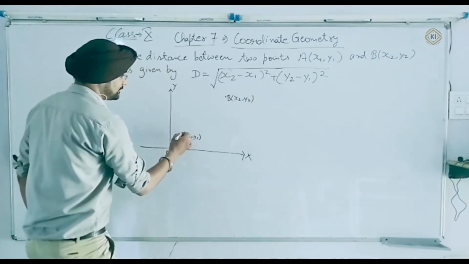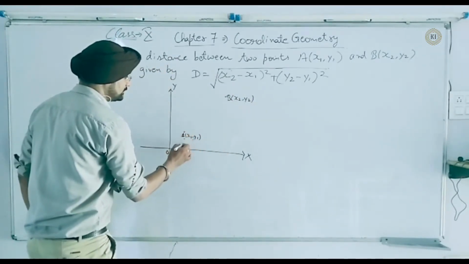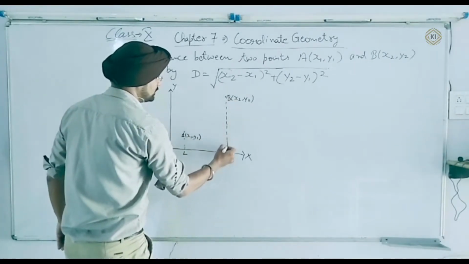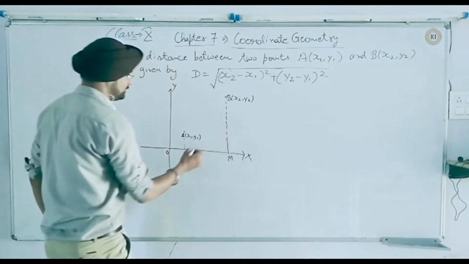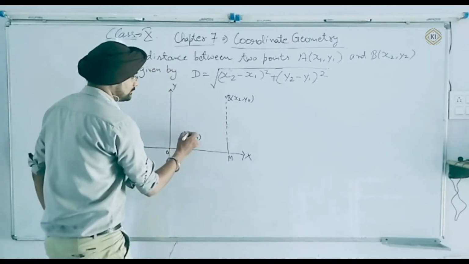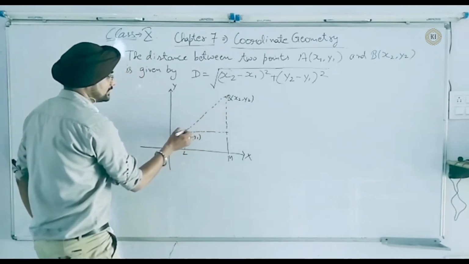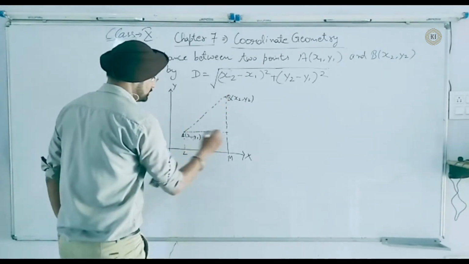Now see here, we will join from here. This is point, suppose, L. Then we will join from here. Suppose this is point M. Join from here, and this is our triangle. Now see here, this is suppose point N.